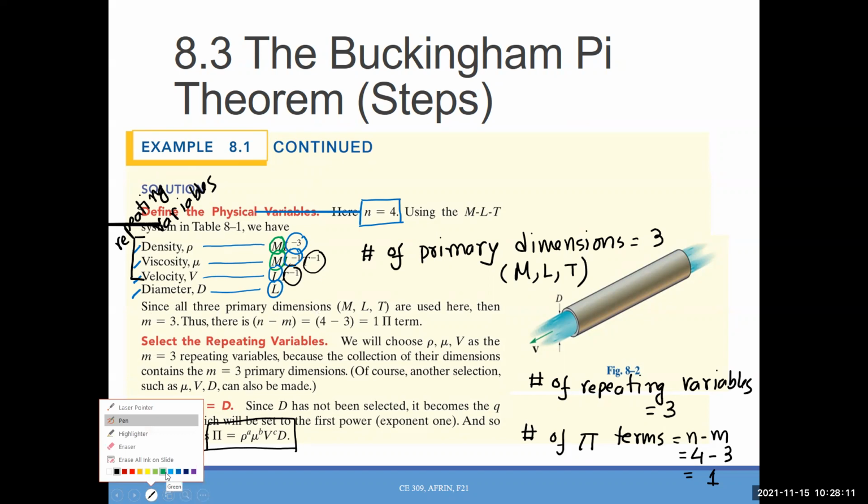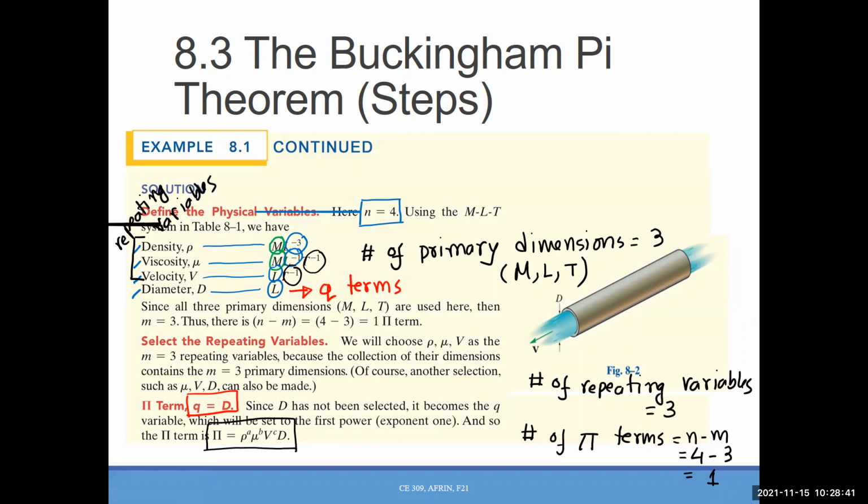We considered the first three as repeating variables. Which one is not a repeating variable? Diameter. So this one will be the Q term.